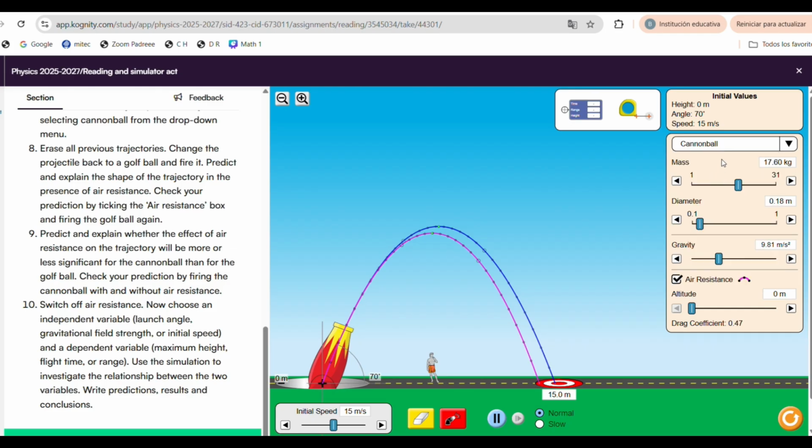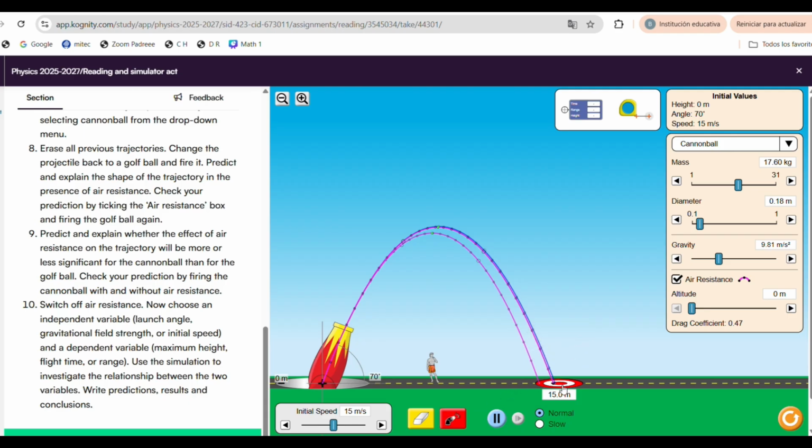We shot the ball and we see that it's right, the golf ball, surprisingly for me, was more influenced by the air resistance than the cannonball. How surprising and fascinating physics is.